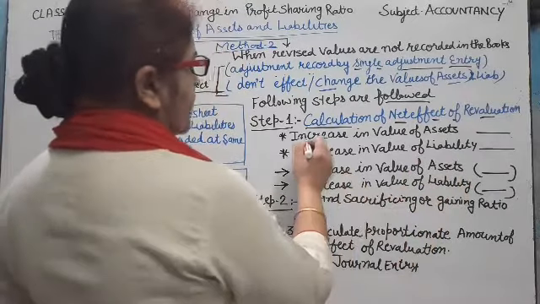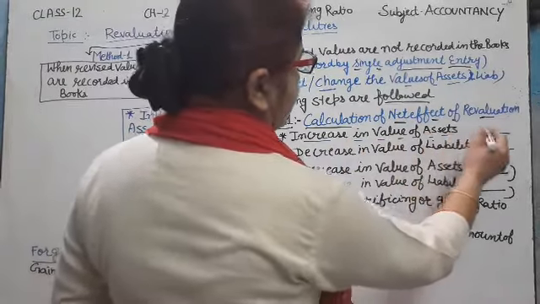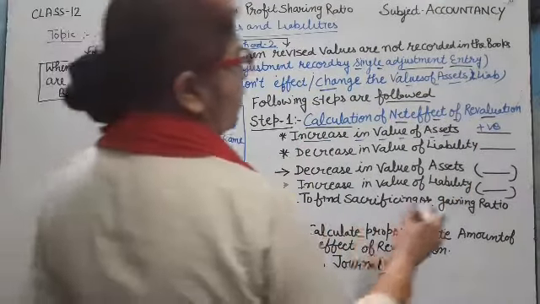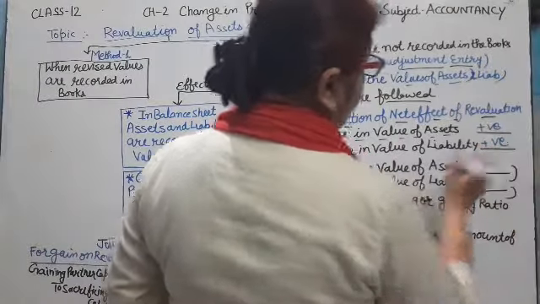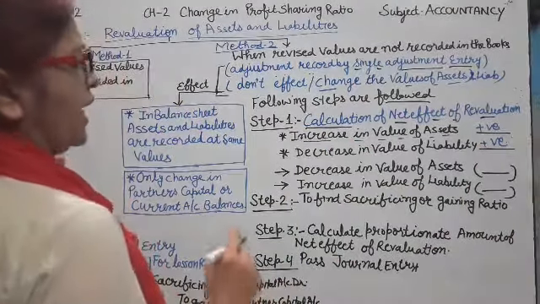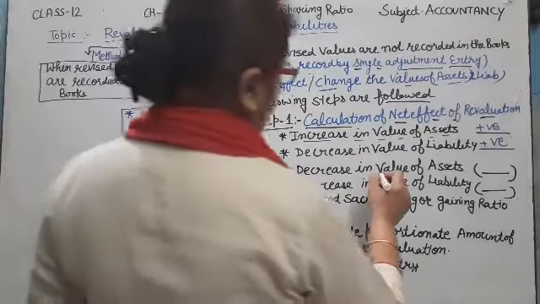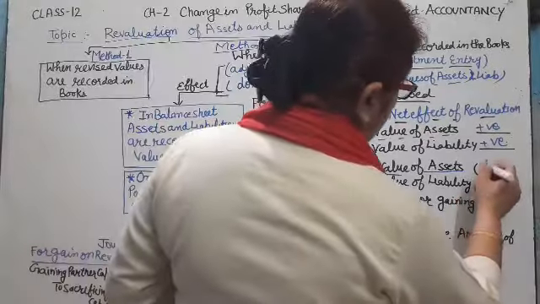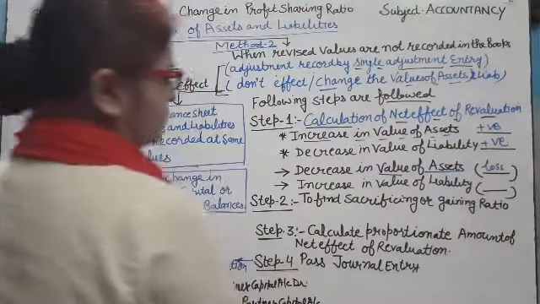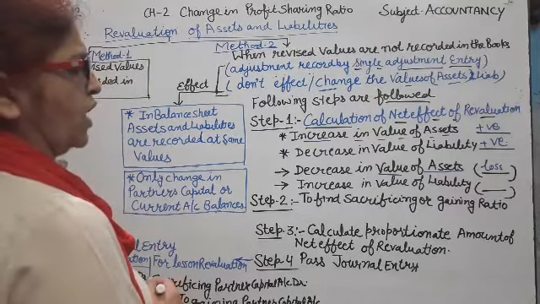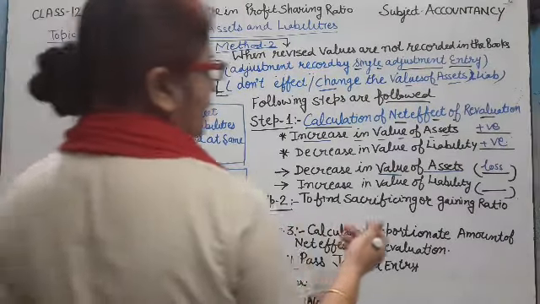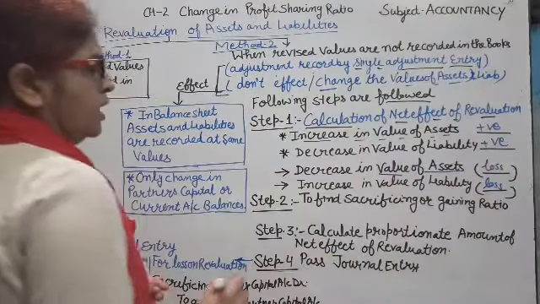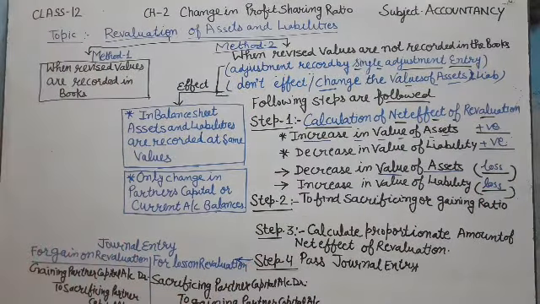In this method, increase in value of asset is positive, that means profit. Decrease in value of liability is also positive, that means profit. And decrease in value of asset, the value of assets has decreased, that means loss, and loss is shown in bracket items. Increase in value of liability, that means loss is increased. The value of liabilities has increased, that means our loss is increased.